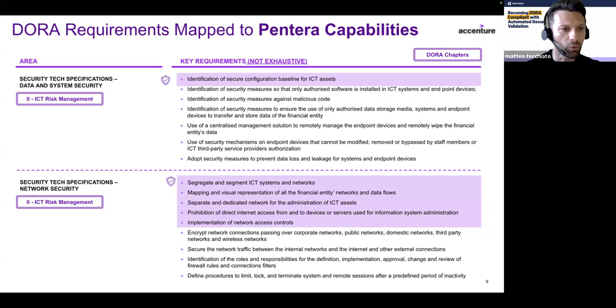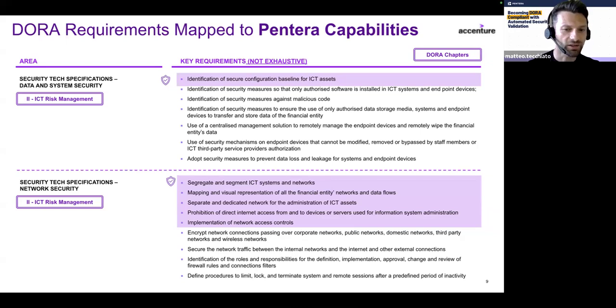So here we have tried, and this is the first exercise, to take the detailed requirements that are included in the different sections of the regulation, and try to understand how, leveraging a platform like Pentera, but generally leveraging automation, we can support and speed up the adoption of these requirements, and support the clients to be compliant with the regulations.